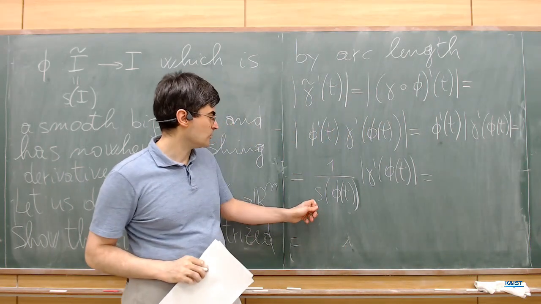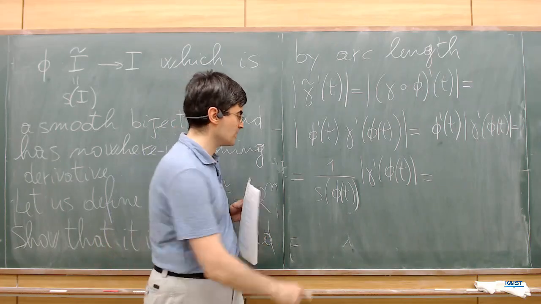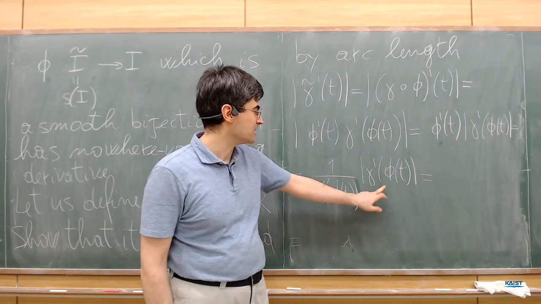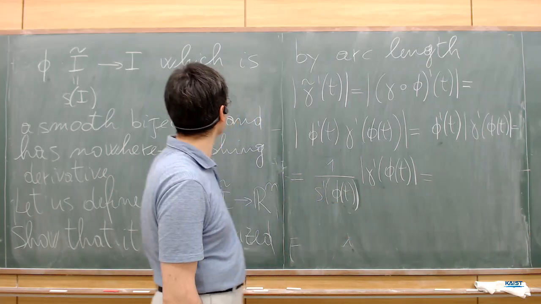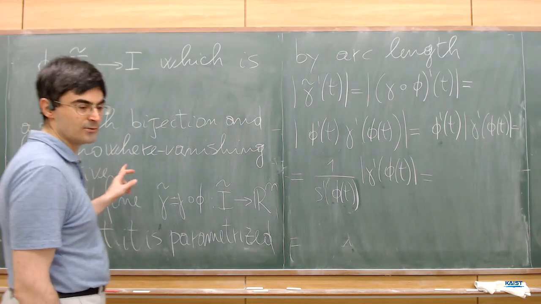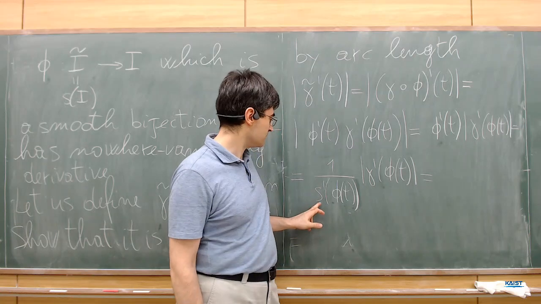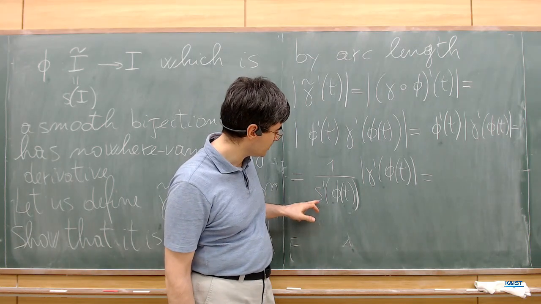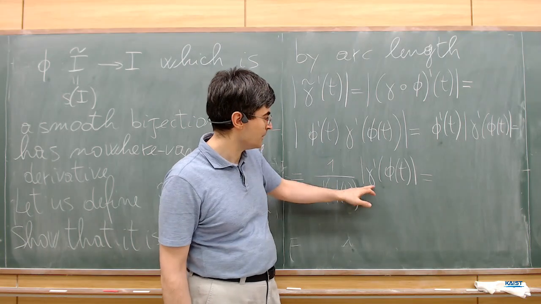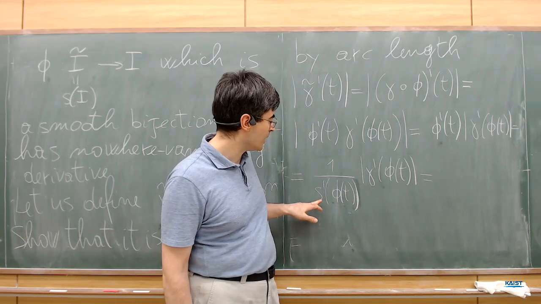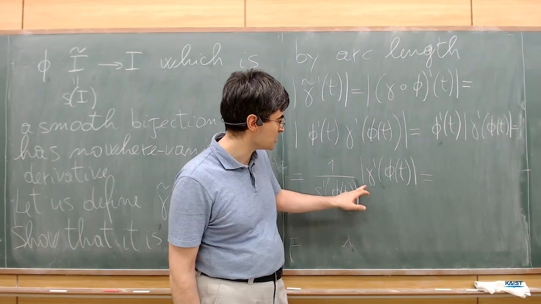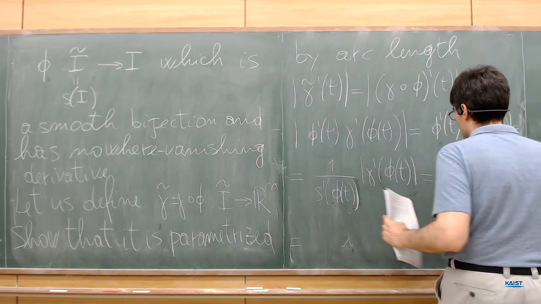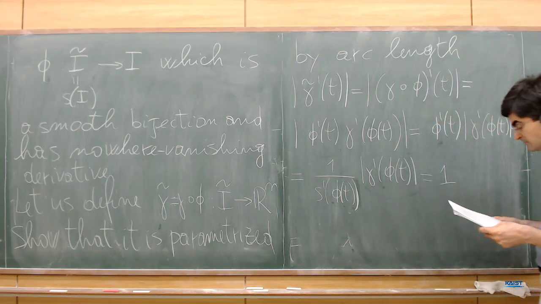But what is s prime of phi of t? It's exactly this one. We computed it before. Unfortunately, I erased. But before we computed that the derivative of s coincides with the length of gamma prime, and here we are evaluating s prime at phi of t, which is exactly what you have here. So the product of these two functions is exactly equal to 1.